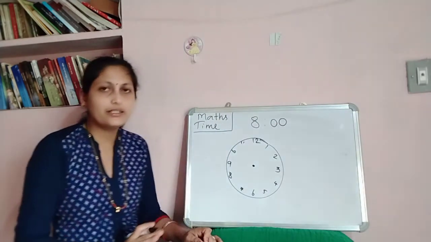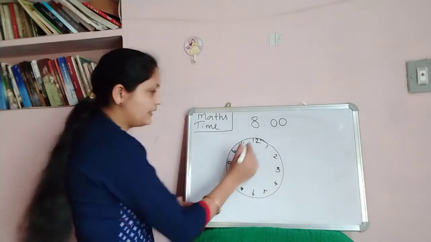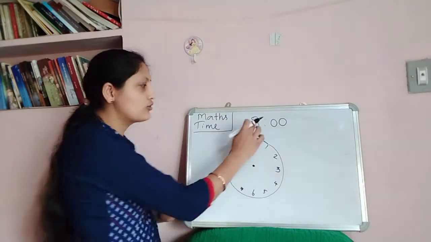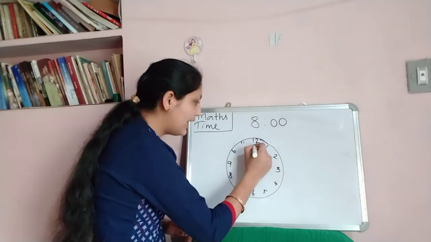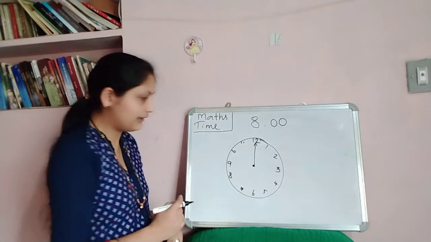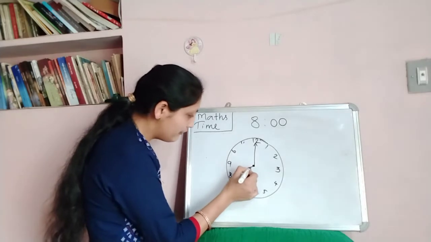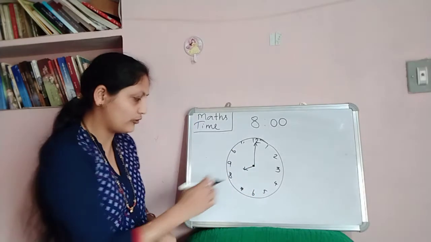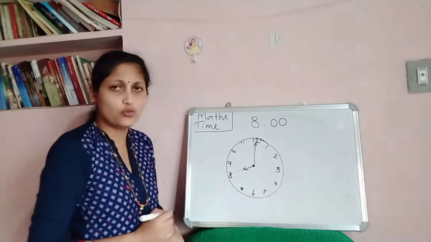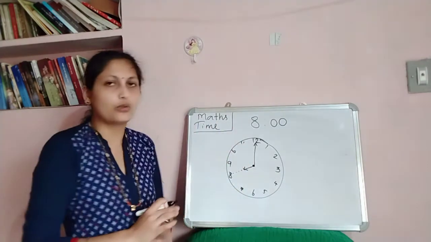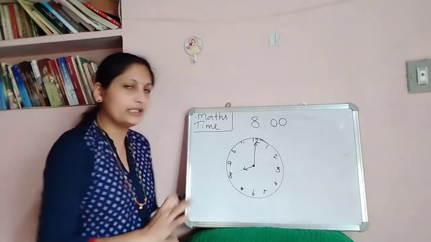So 8 o'clock means long hand should be at 12 and short hand should face 8, isn't it? So you have to draw a long hand facing 12 like this and a short hand facing 8 like this. So it is facing 8 like this. So it is 8 o'clock.